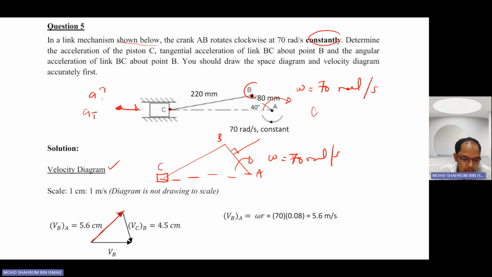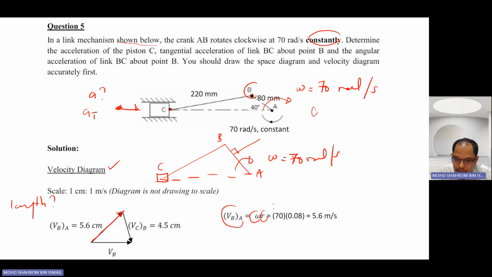What is supposed to be the magnitude or the length? We don't know the length, so the formula to solve it is v equals omega multiplied by r.